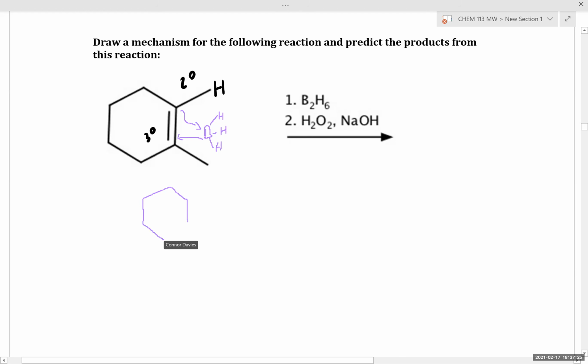Or pseudo-secondary versus pseudo-tertiary, right? So which of these carbons is least hindered? Which of these carbons is least substituted? The secondary. Yep, exactly right. So where would our boron be installed? In the secondary carbon. Yep, the secondary carbon. Okay, thank you. Perfect.